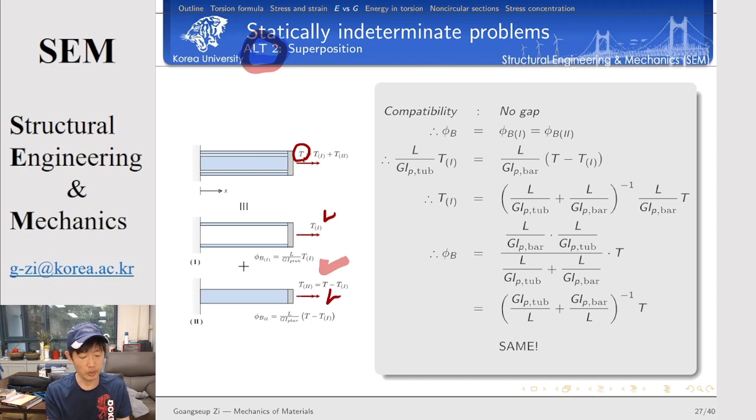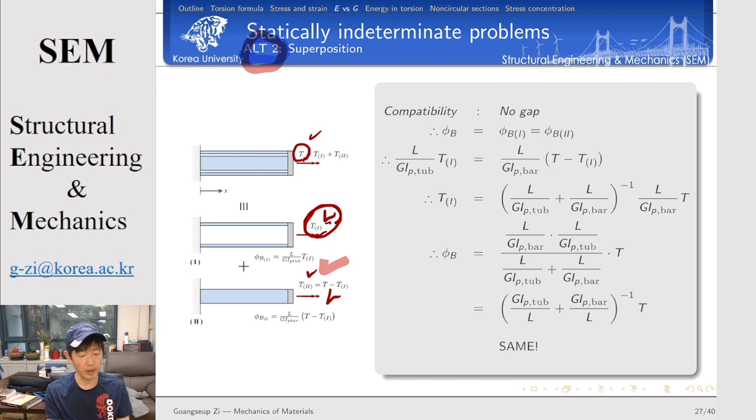So make sure that T2 is equal to the external torsional moment minus the torsional moment resisted by system 1, T1 here. Okay, this is the condition. Okay, so let's use our shortcut formula between the change of angle of twist and the internal torsional moment.